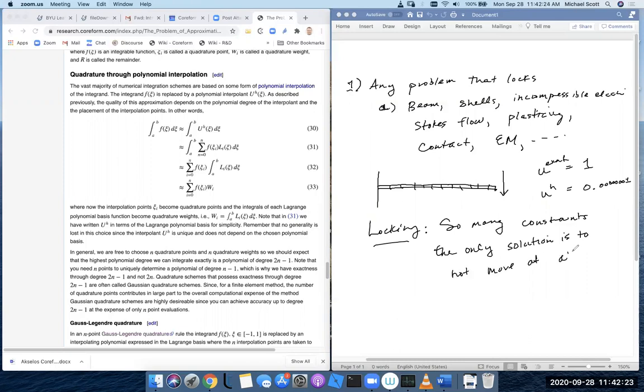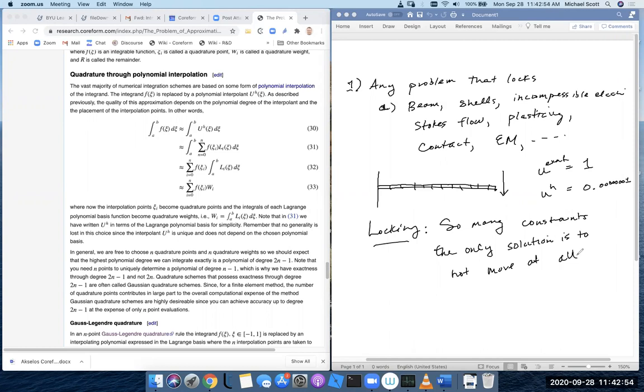Like, even in life, right? Sometimes don't you feel that way? So many constraints, I just freeze up and I don't do anything. Locking, that really is the phenomena. What it's saying is that you have imposed so many constraints on your problem that you can't find the solution. You're over constrained. And this phenomena happens a lot.